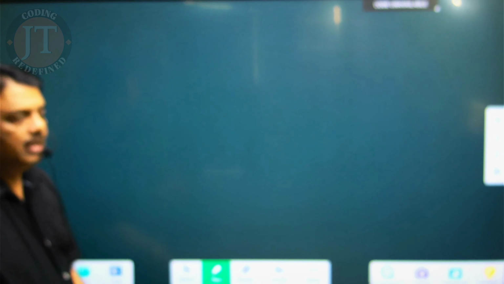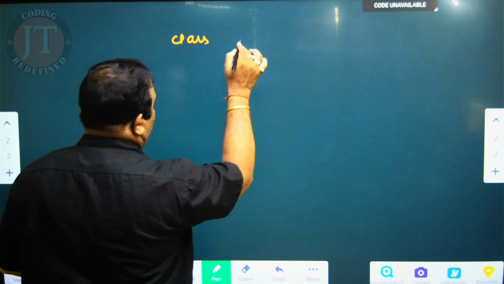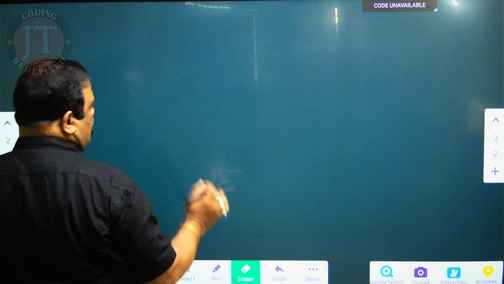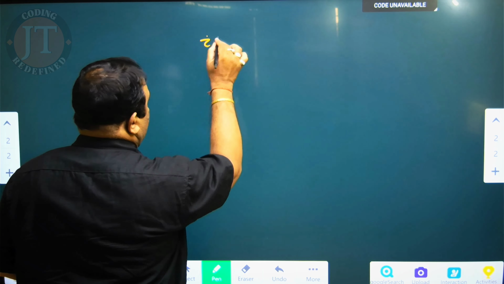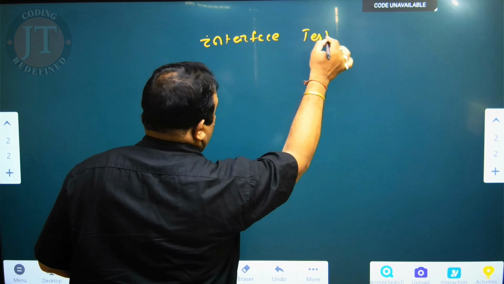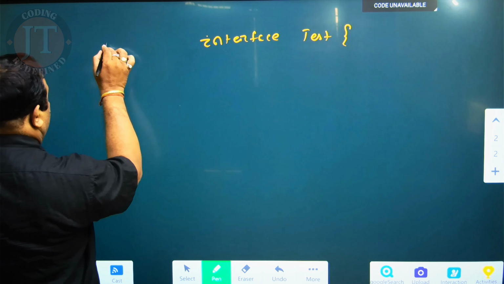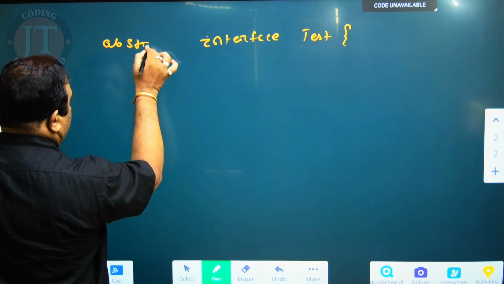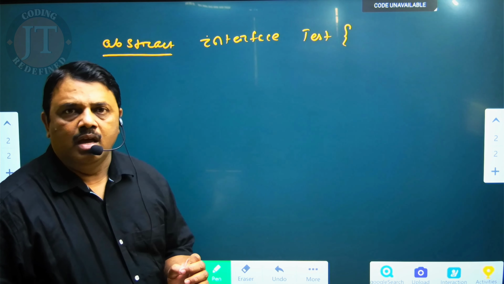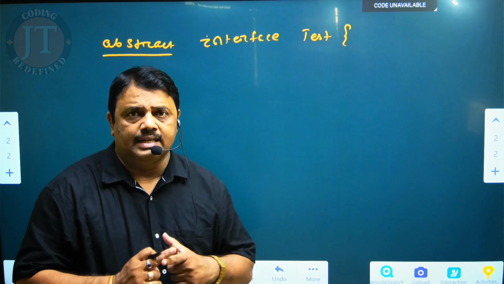I declare an interface called Test, and the same concept applies. It is implicitly abstract, and as the interface is abstract, it cannot be instantiated.